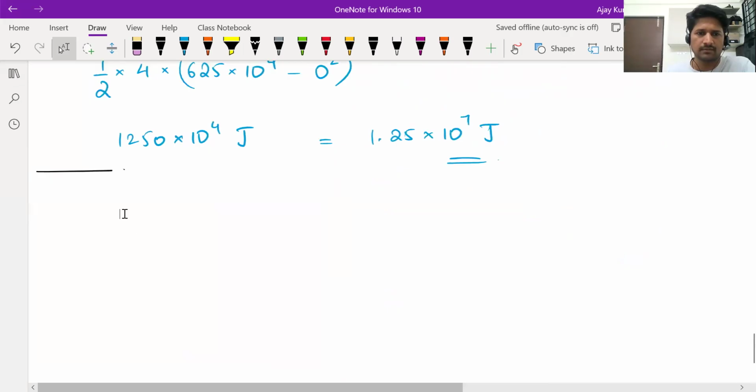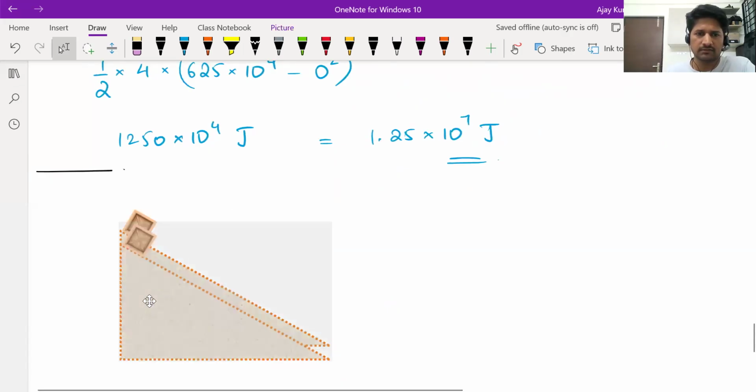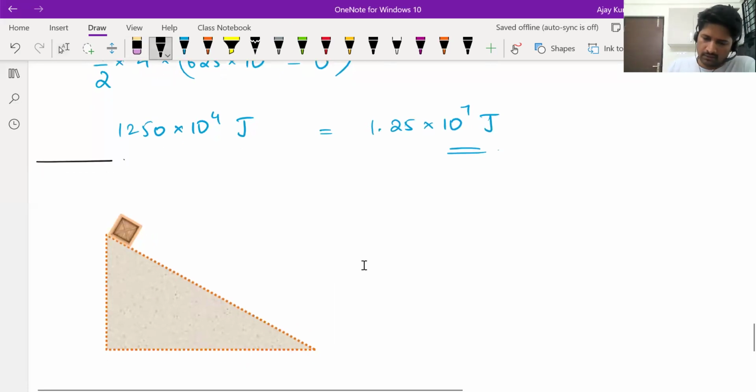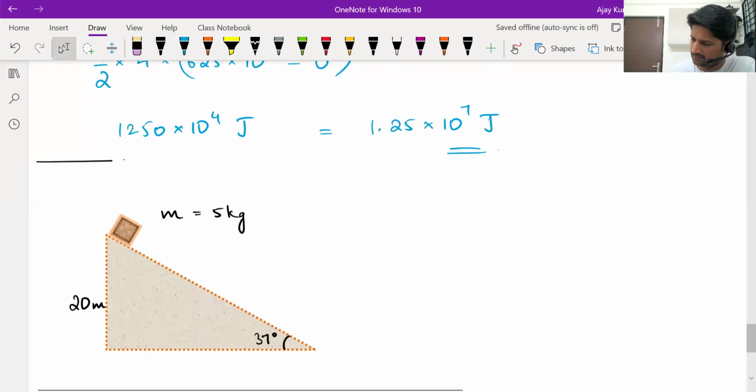Next question. Consider a rough inclined surface with a block on it. Let's say the angle of inclination is 37 degrees. Assume this height is 20 meters. Mass of the block, let's say, is 5 kg. Block is released from rest.